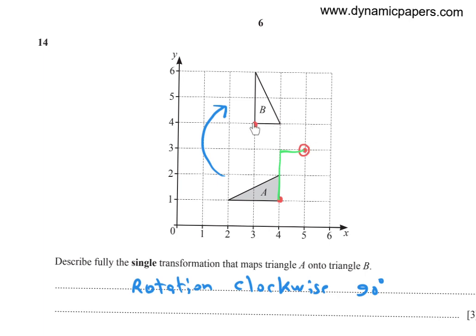You get the same point. So the center of rotation is 5 and 3. With tracing paper, you can try some points in between to check which one is the center of rotation.